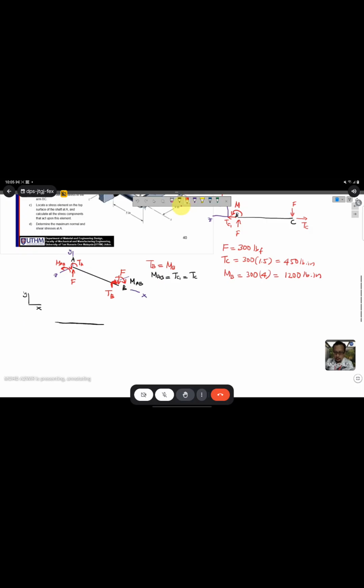Okay, and then we transfer all the forces. So we have F here, and we have another force here. For the torque here, if you look at your right hand, the direction will be inside. The torque from here will also be inside.